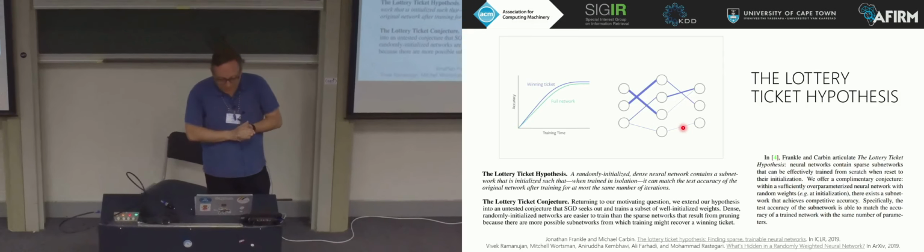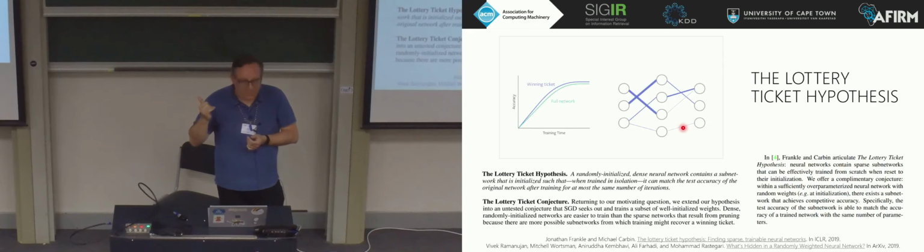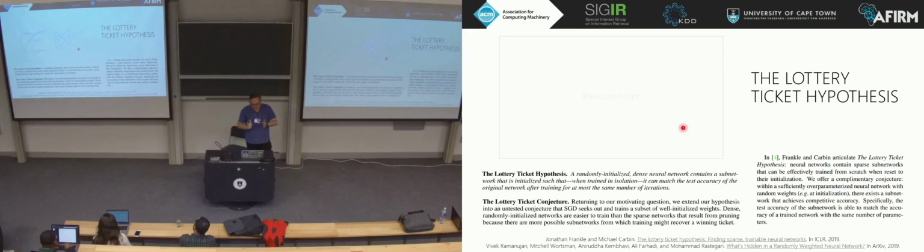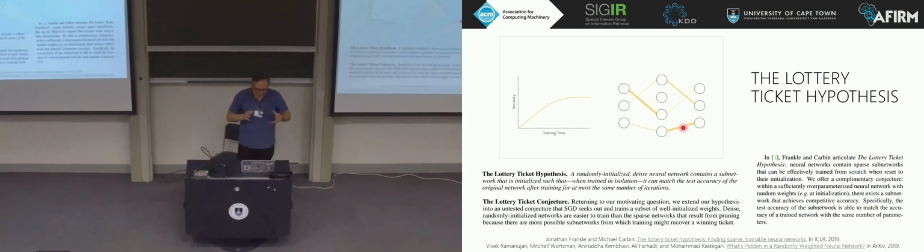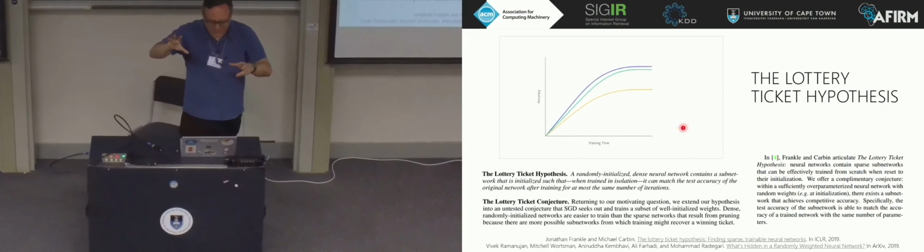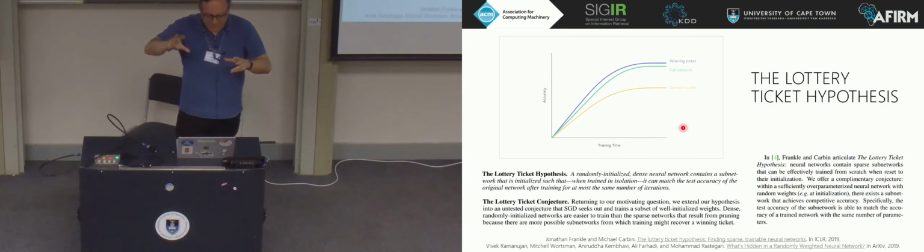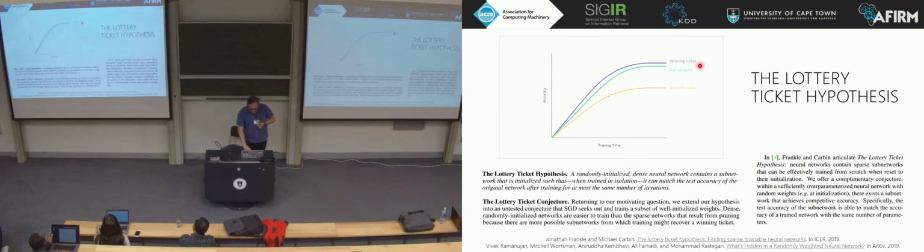So the observation of this paper is that I can get rid of a lot of the connections here and a lot of the complexity and still do well. So that's what that was just showing. Whereas if I started from a random initialization that was pre-pruned, I couldn't do nearly as well. So the lottery ticket hypothesis is that within this random initialization that I started with, if I just train, I can do well.